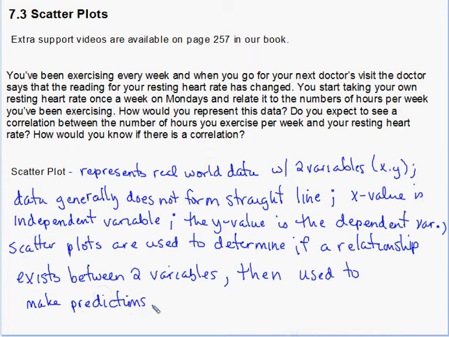Now, these predictions are not always going to be 100% accurate. If you went back 20 years and you were charting CD sales per month in a scatter plot, and then you were thinking about investing in CD manufacturing, well, you'd be looking at the rise of CD sales as more and more people bought CD players and were buying CDs, right?